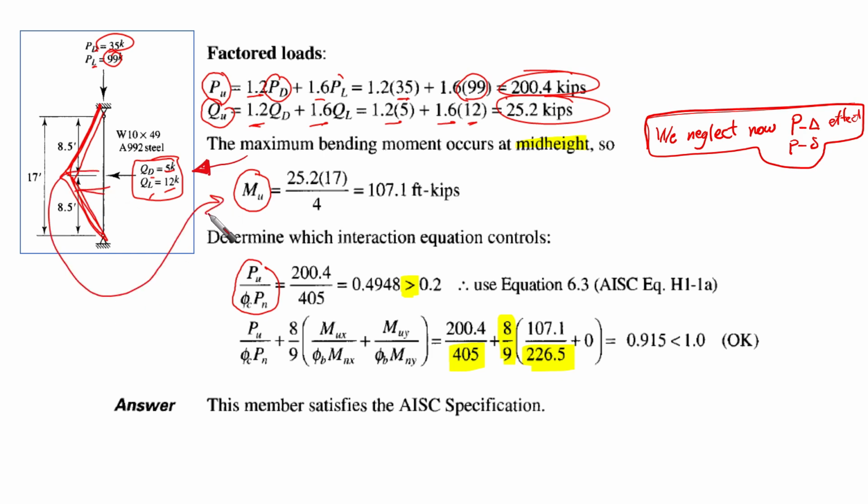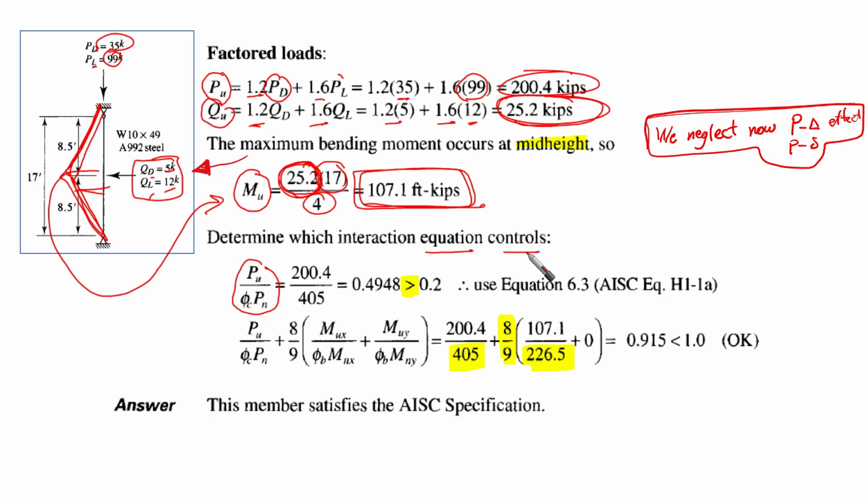This is M ultimate, PL over 4, where P is the horizontal concentrated load, times L, which is the height, over 4. This is the formula for maximum bending moment. It gives us 107.1 foot kips.